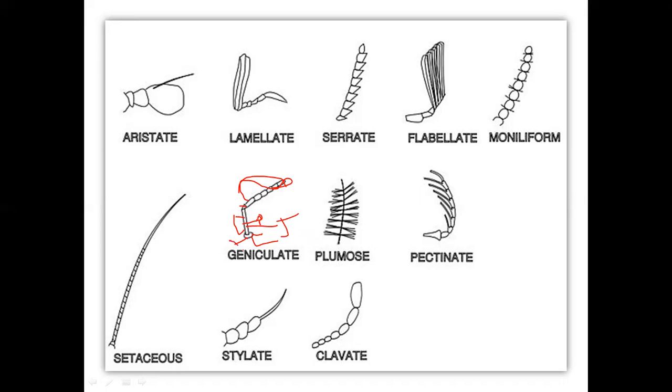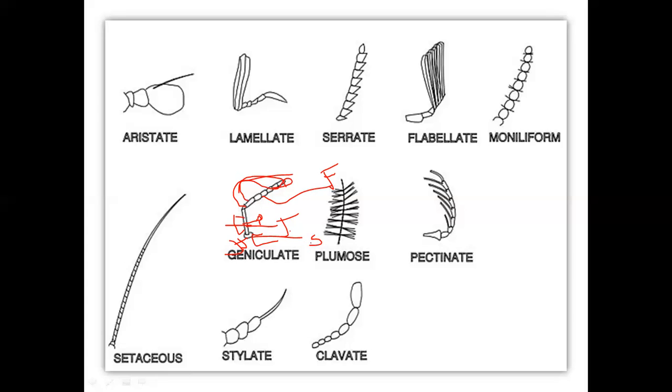Again, I am repeating: this is the scape, this is the pedicel, and the remaining part is the flagellum. The Johnston's organ is present on the pedicel. In the figure, F is the flagellum, P is the pedicel, and S is the scape.